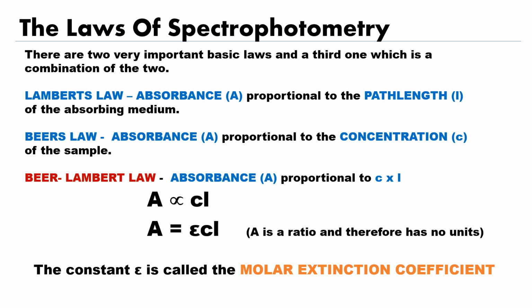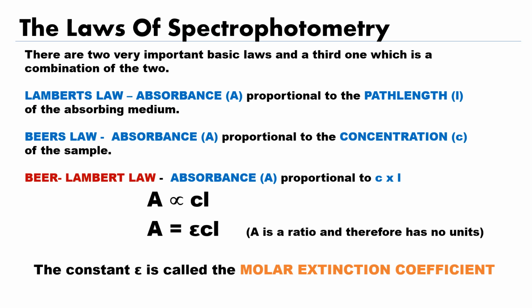According to the Beer-Lambert law, absorbance A is proportional to the concentration of the sample multiplied by the path length of the absorbing medium, L.